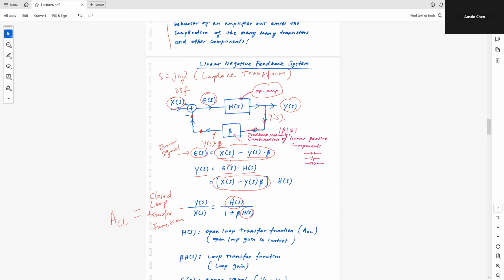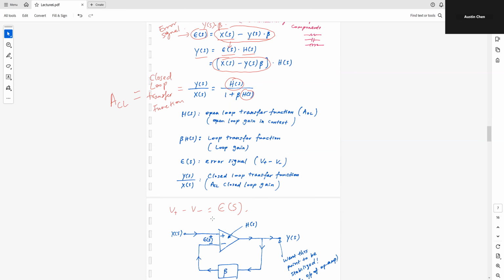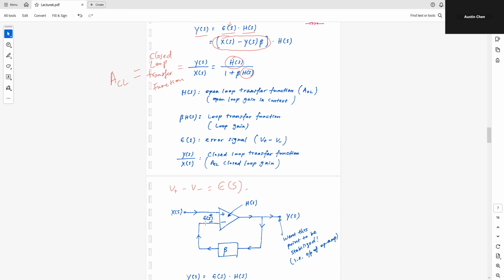But now, once I replace this h of s with my op-amp, and knowing that the input of my op-amp actually performs this subtraction, I can take advantage of that. And when I put this op-amp in this configuration, I have exactly what I just showed you in the feedback.